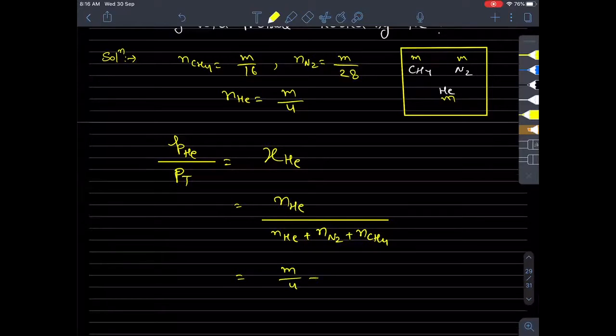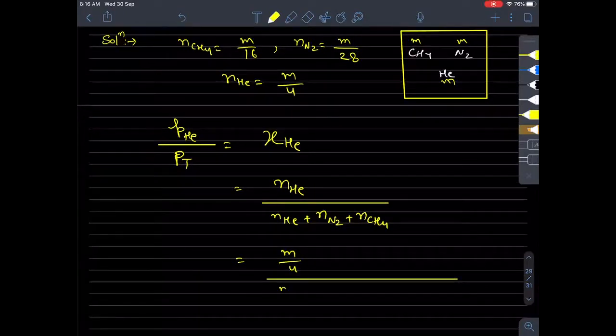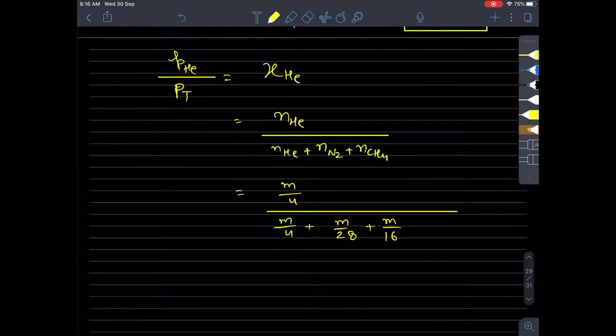Number of moles of helium is M by 4. So M by 4 plus M by 28 plus M by 16. Now you just simply solve it.